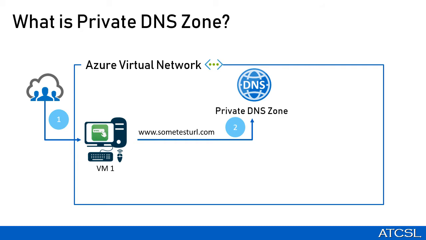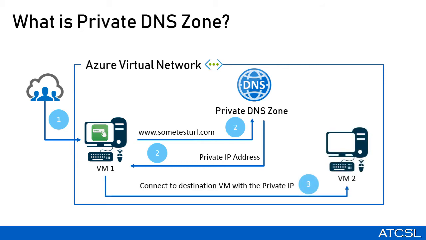As the request is coming in locally from a VM within the virtual network, the private DNS zone tries to resolve the URL by looking for the URL locally in its cache or the database of hostname and IP addresses. And if it is able to find a match for the requested URL, it returns the mapped private IP address of the target workload corresponding to the URL. Now that the source has the private IP address, the request flows to the destination VM. This is a very basic request flow.